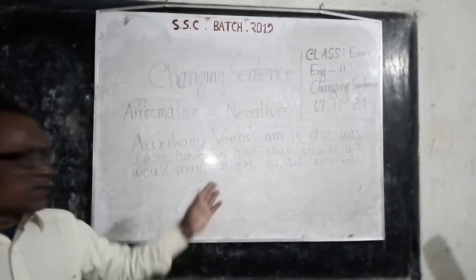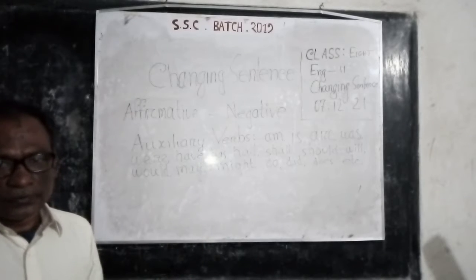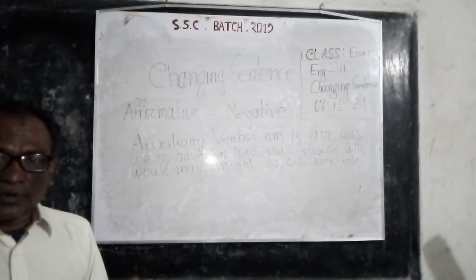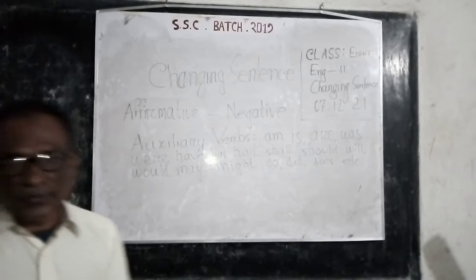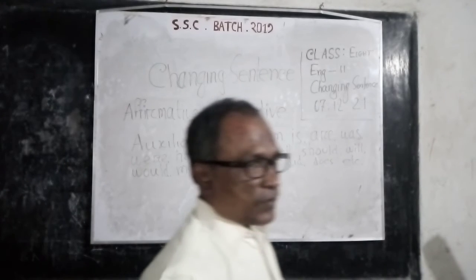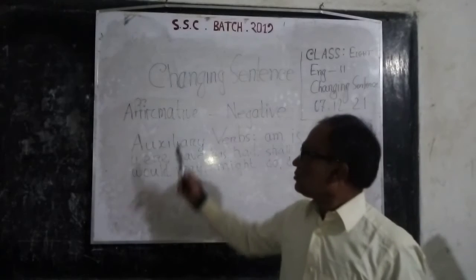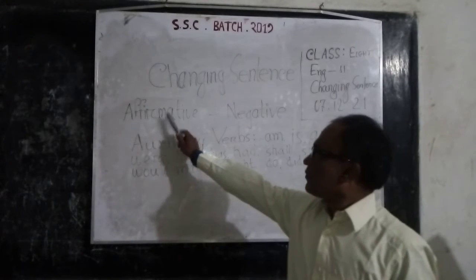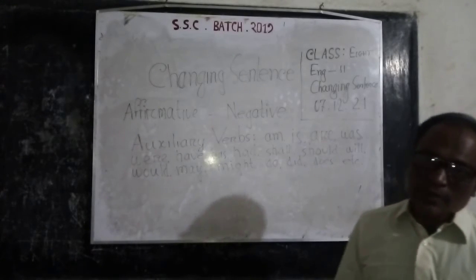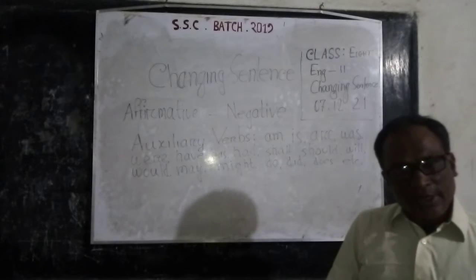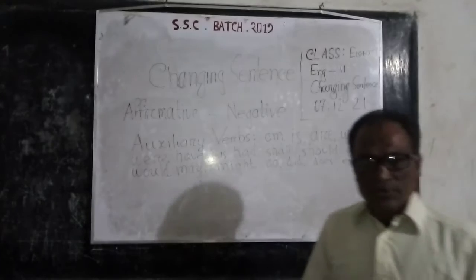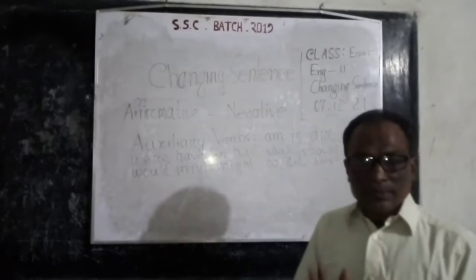Why do we learn these auxiliary verbs? We learn auxiliary verbs to change any type of sentence. Today we know how to change affirmative to negative. To make an affirmative sentence into negative, we have to use not. Not means negative.